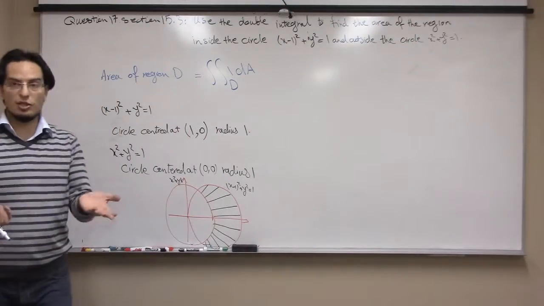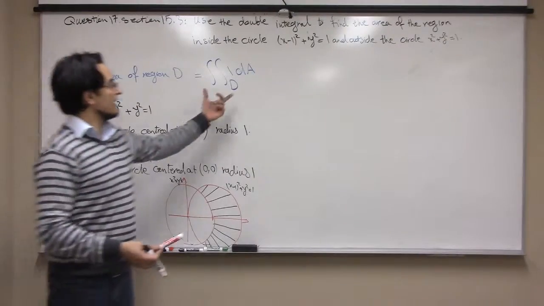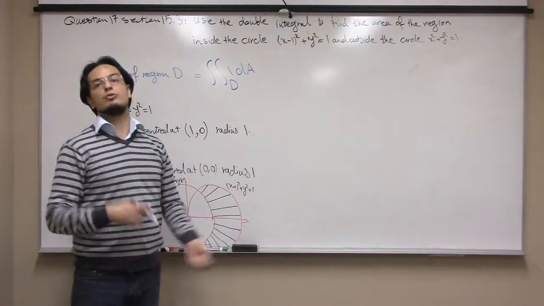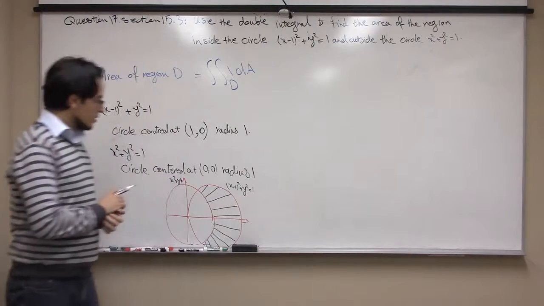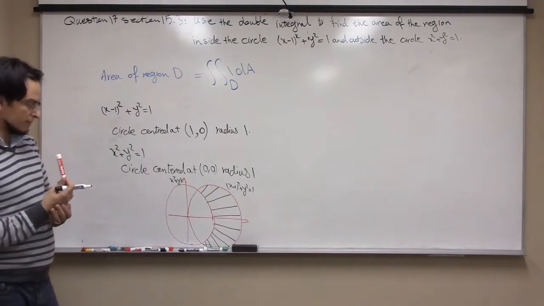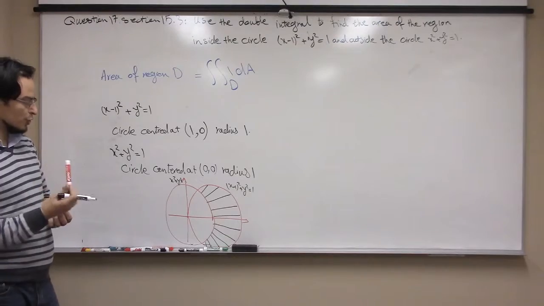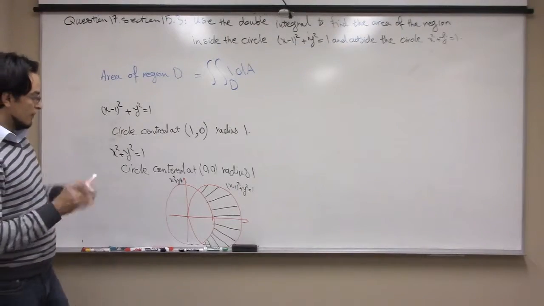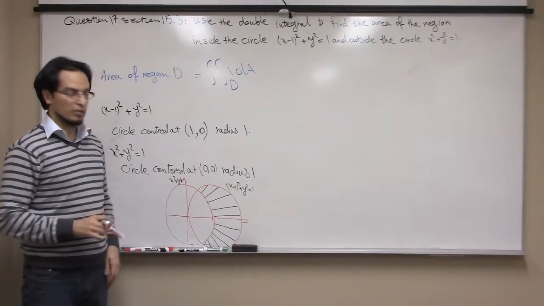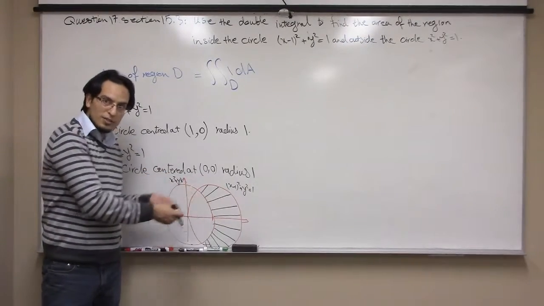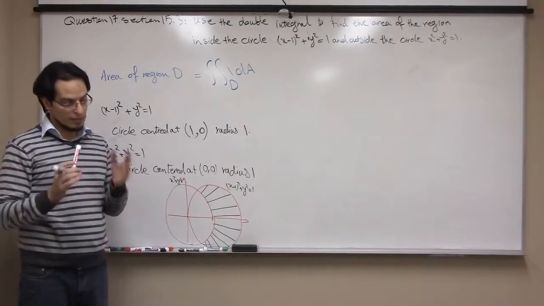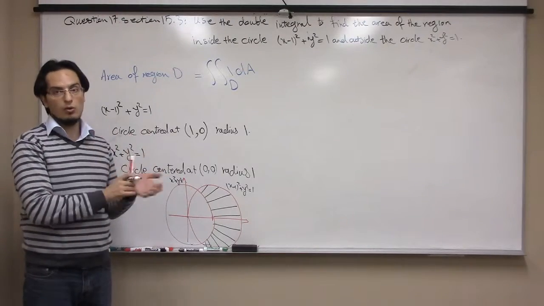We have to describe it in a coordinate system and change this double integral to an iterated integral and evaluate that integral. So here is where we have to choose the right coordinate. First sign to choose the coordinate is all the parts of the region are circles. So we are better to go with polar coordinates.